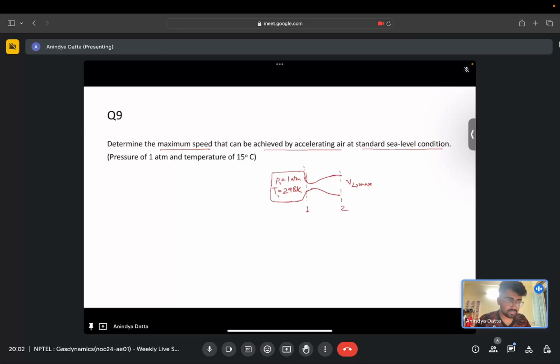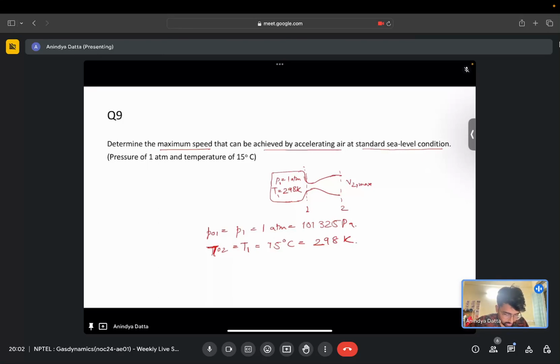Since this is in a reservoir where the flow velocity is 0, the stagnation state equals the static state, which is 1 atmosphere or 101325 Pascal, and the stagnation temperature is equal to 15 degrees centigrade or 298 Kelvin. This is clear, right? So this is our stagnation state. Now the question is, what is the maximum velocity we can get?